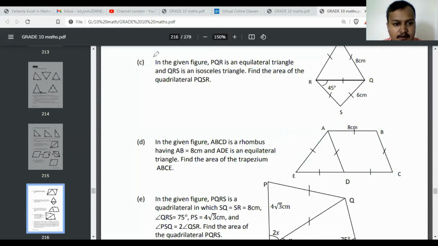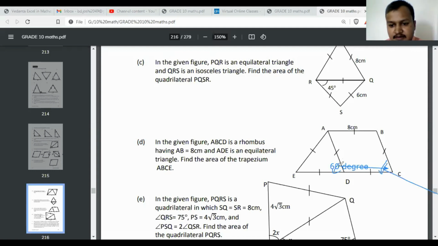And we know that all angles of an equilateral triangle are 60 degree. So angle ADE is 60 degree. If ADE is 60 degree, angle C is also 60 degree because it is a corresponding angle. Angle C becomes 60 degree.